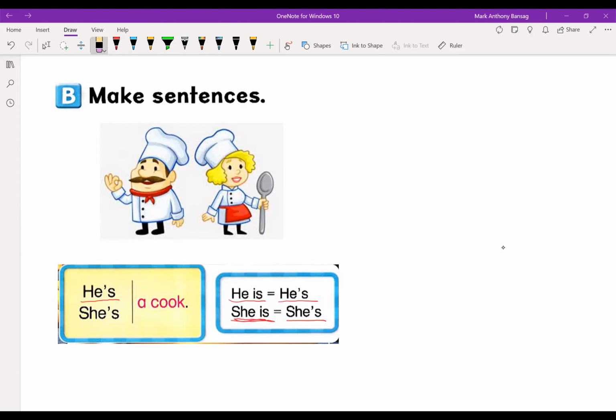And for this one, a woman, we're going to use she's. So she's a cook. She is a cook.